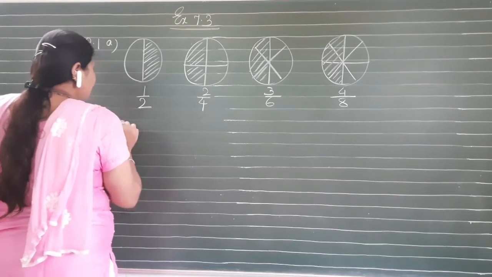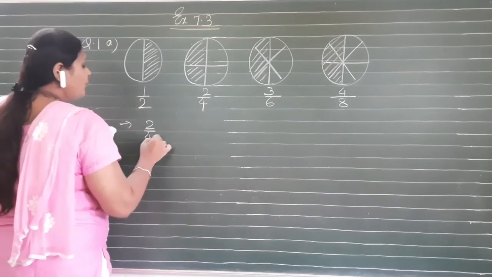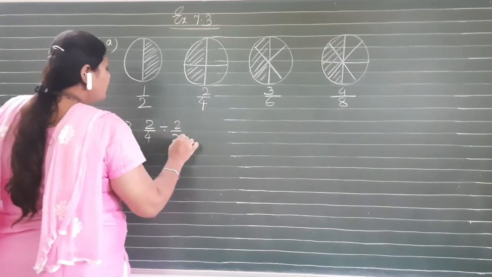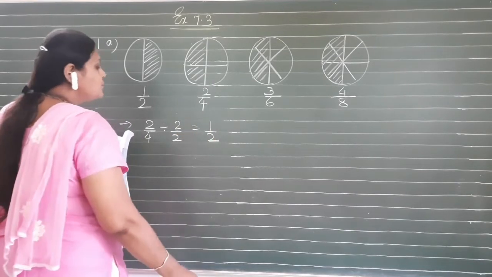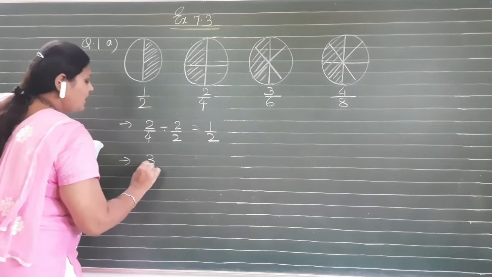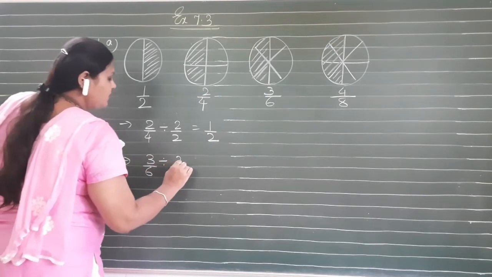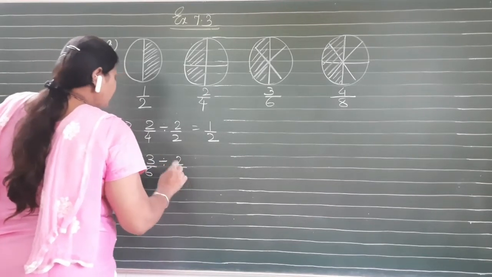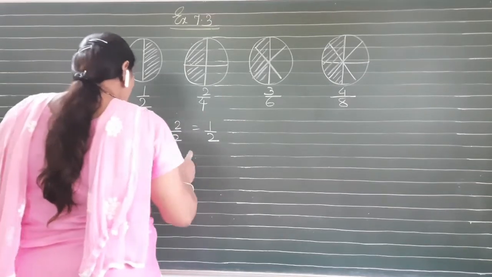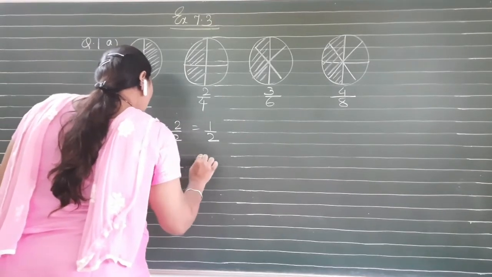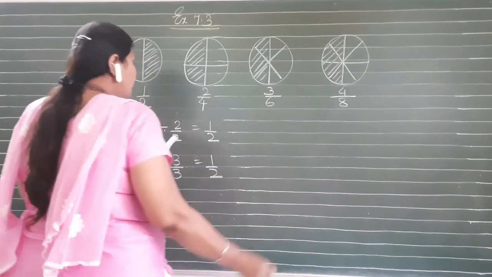So here we will start with 2 upon 4. If we divide it by 2 upon 2, we will get 1 upon 2. Same way 3 upon 6 will be divided by 3 upon 3, so we will get 1 upon 2.